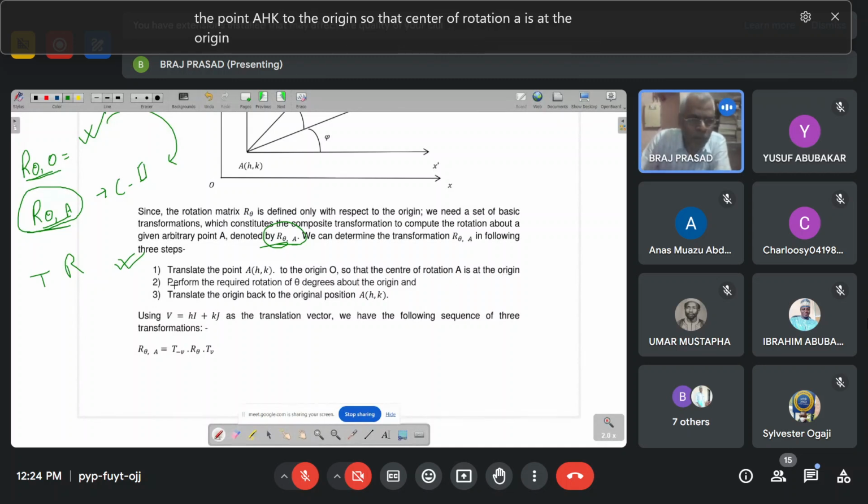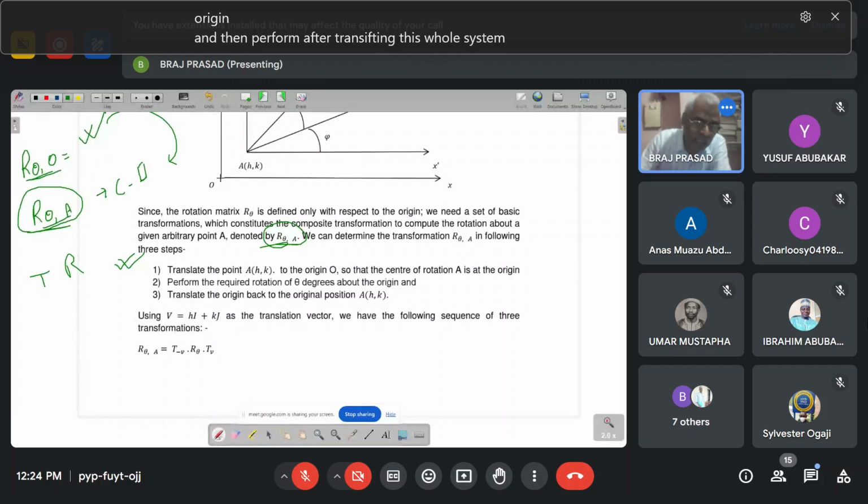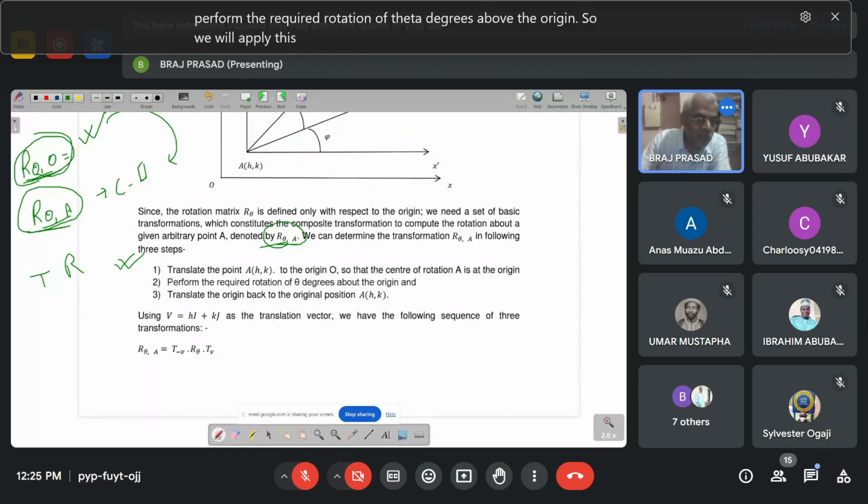Then, after shifting this whole system to the origin, we use this formula, perform the required rotation of theta degrees about the origin. So we will apply this formula because this complete system is shifted to the origin.